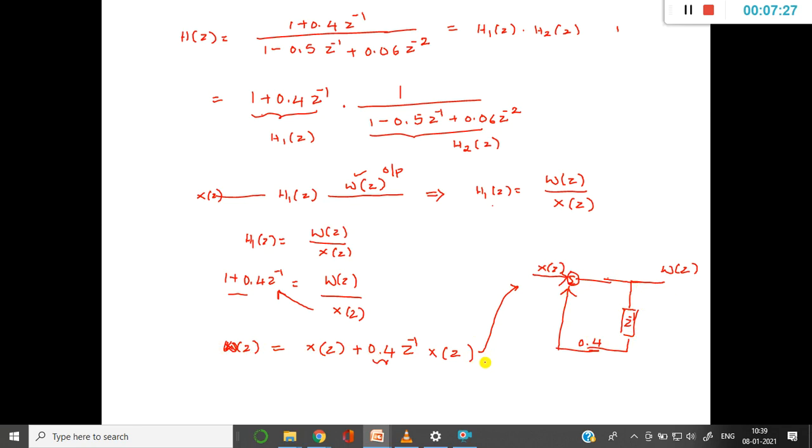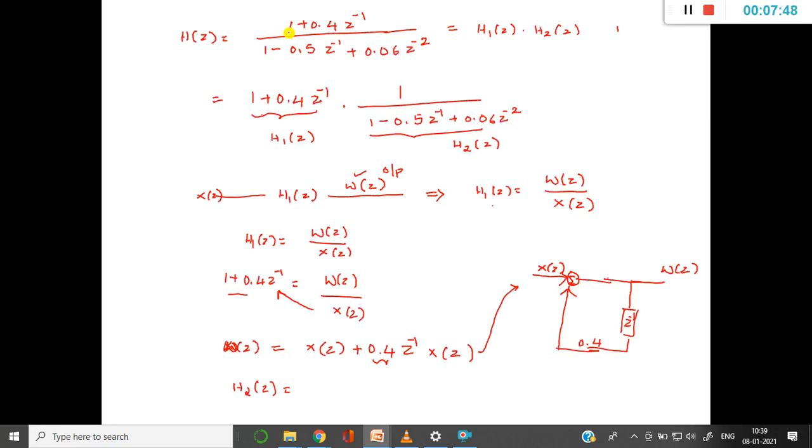Now for the second part, we'll consider H2. Let me take a fresh slide. H2 of z is equal to, what's the output here?